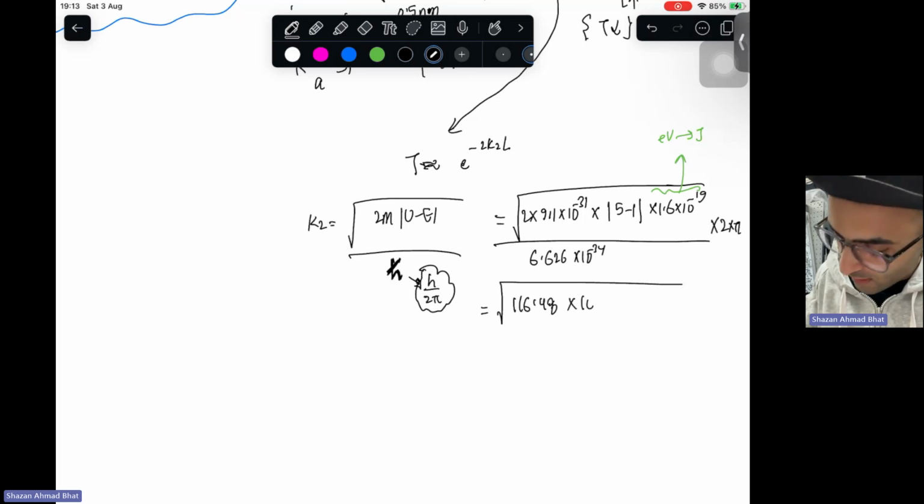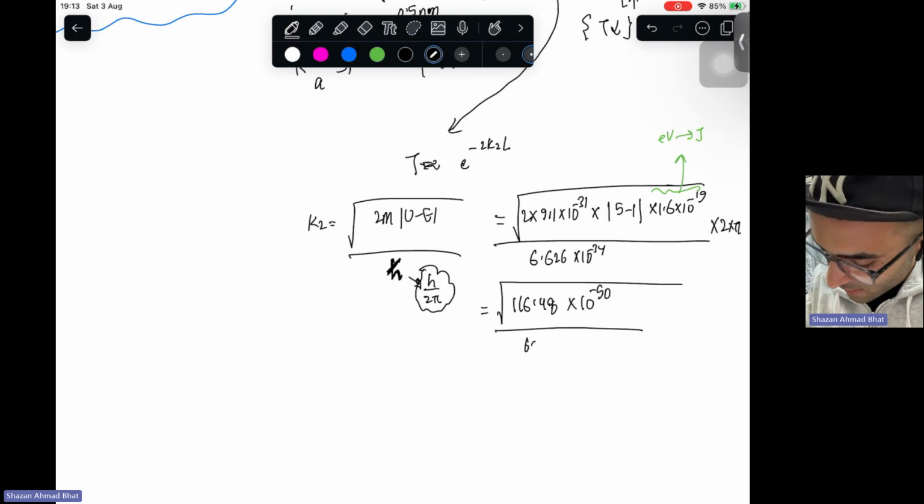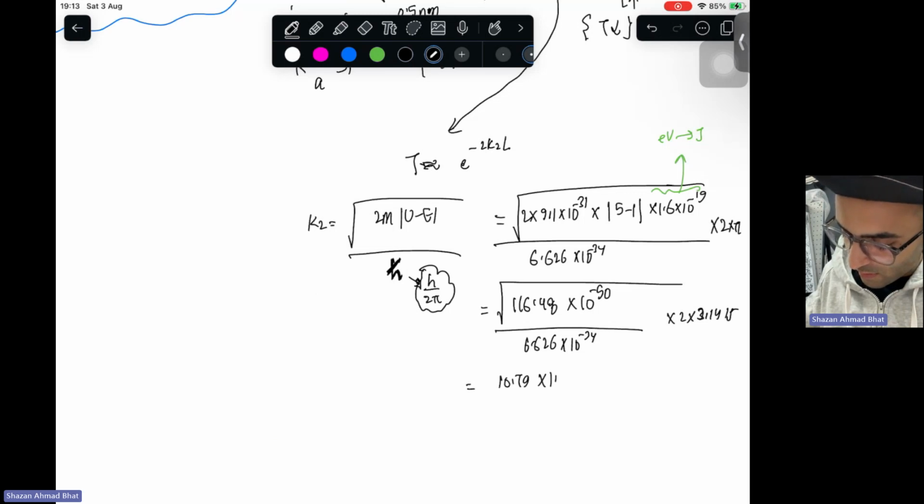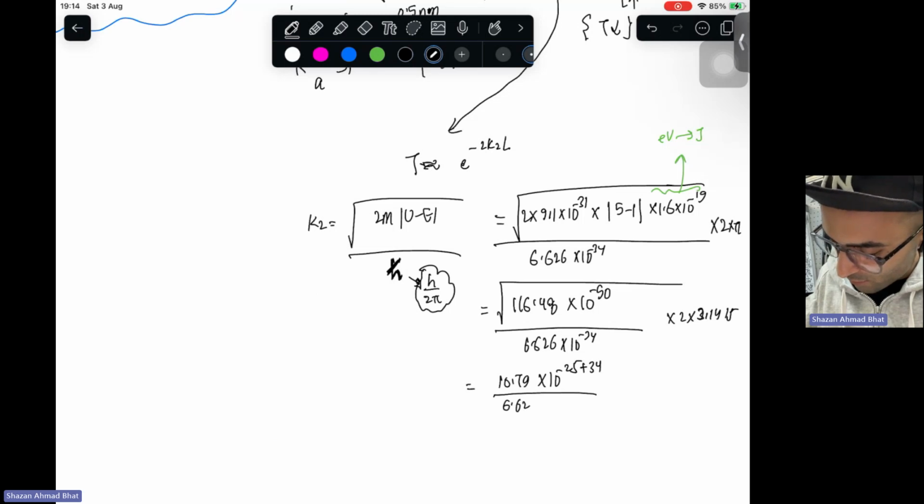So this is 116.48 into 10 to the power minus 31 minus 19, which is minus 50, divided by 6.626 into 10 to the power minus 34 into 2 into 3.1415. When you take the square root of this, you get 10.79 into 10 to the power minus 25. We will take minus 34 up, and this will become plus 34, divided by 6.626 into 2 into 3.1415.